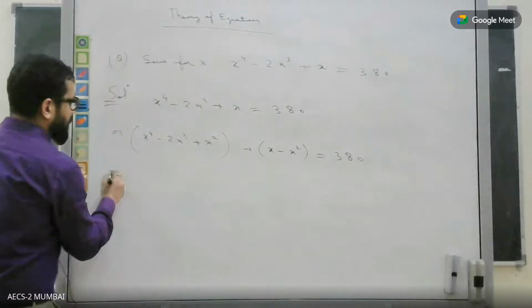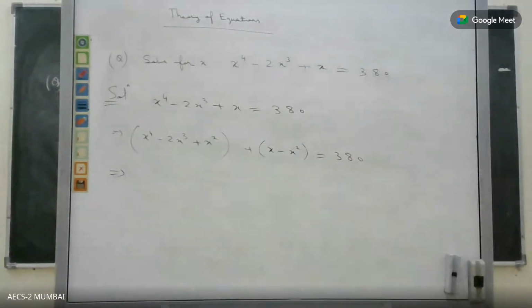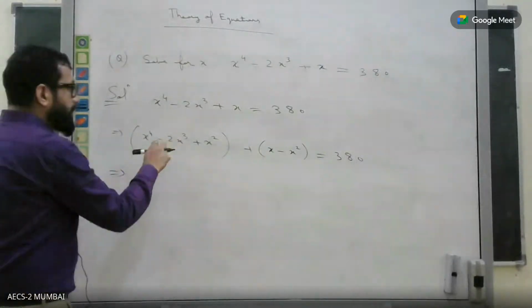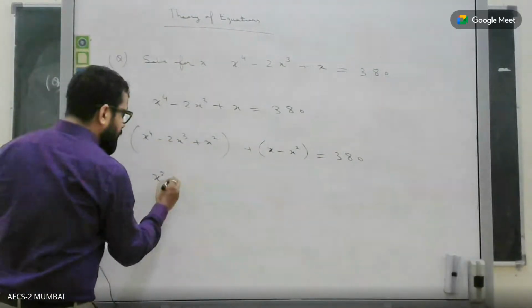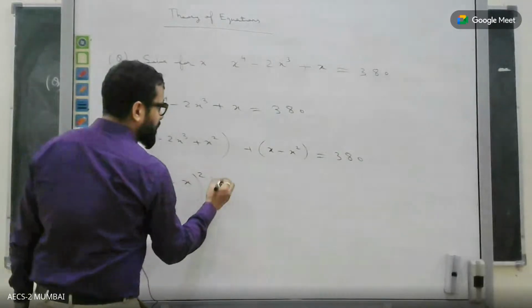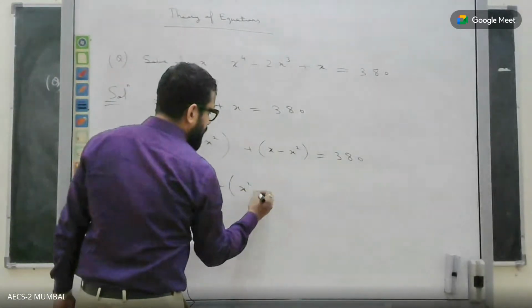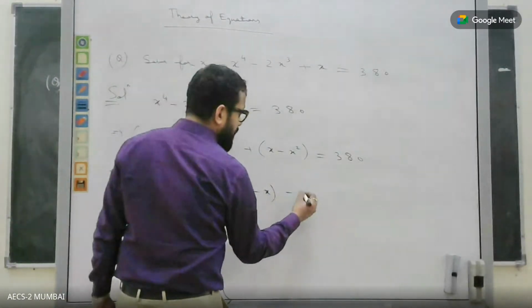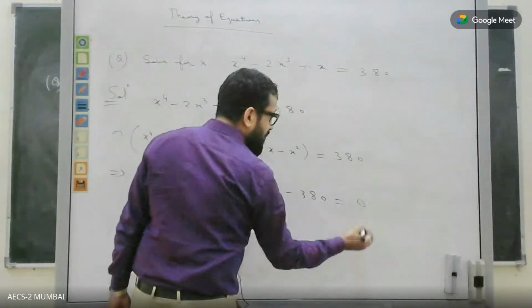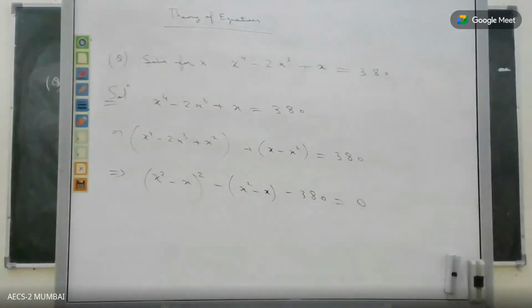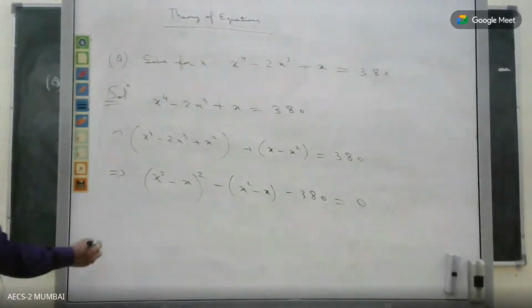You can write this, right? From this, this becomes a perfect square.